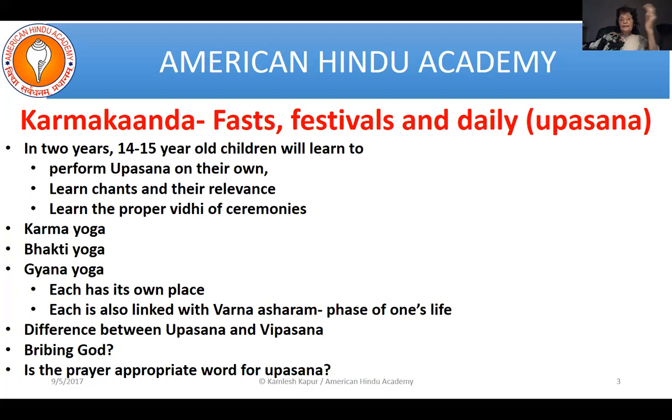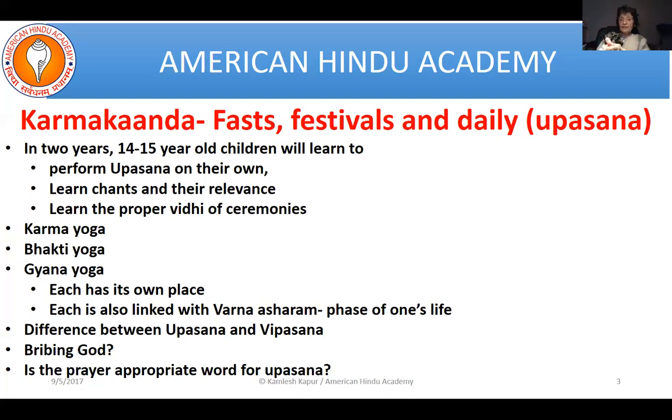So now many people from other religions think that when we offer the prasad, we are actually bribing God. First of all, we don't have a concept of God like that. And secondly, we are not bribing.